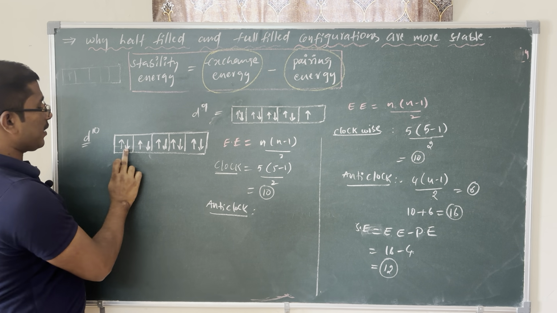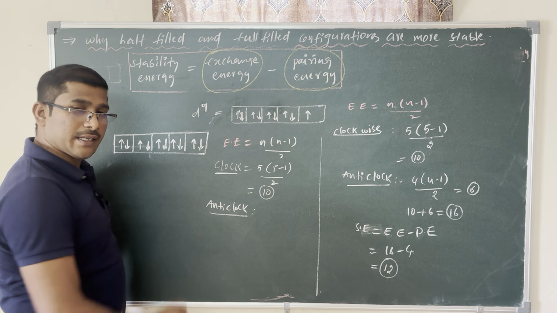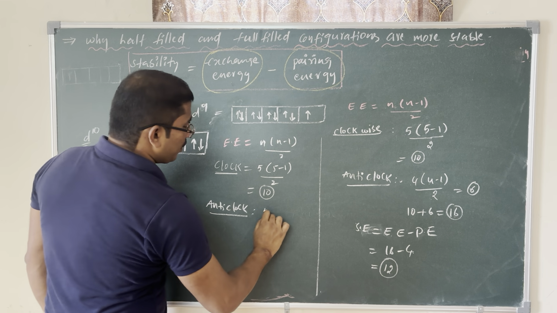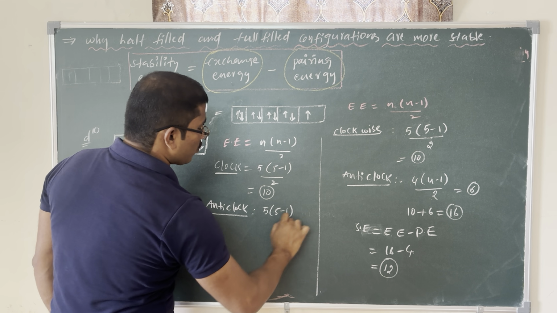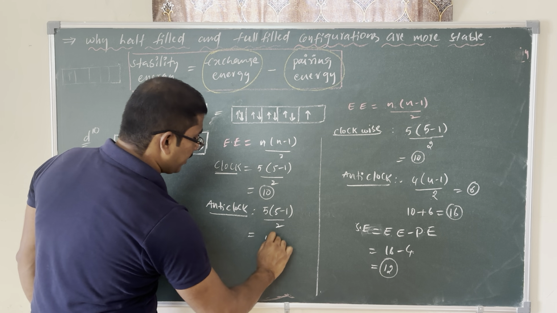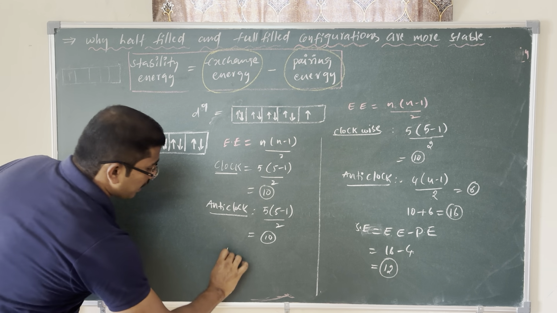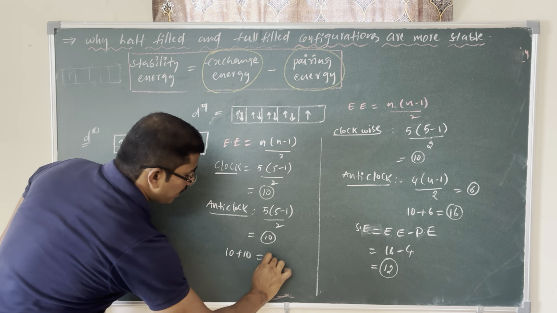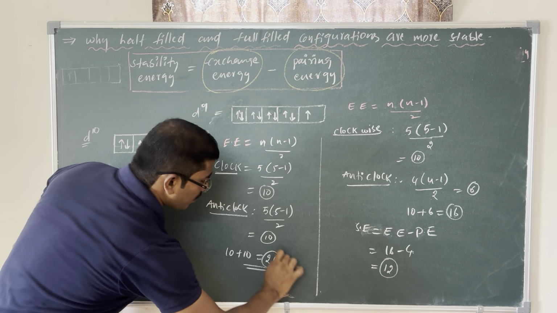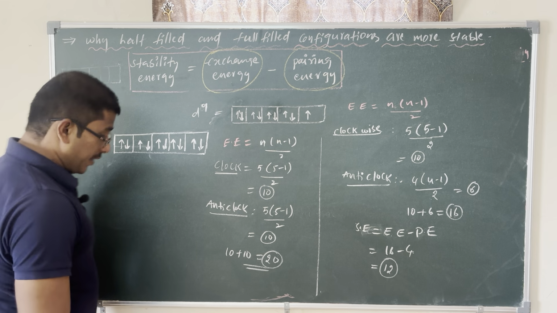Anti-clockwise is also 5 electrons, 5 into 5 minus 1 divided by 2, same, we get 10. 10 plus 10 is equal to 20. Total exchange energy is equal to 20.